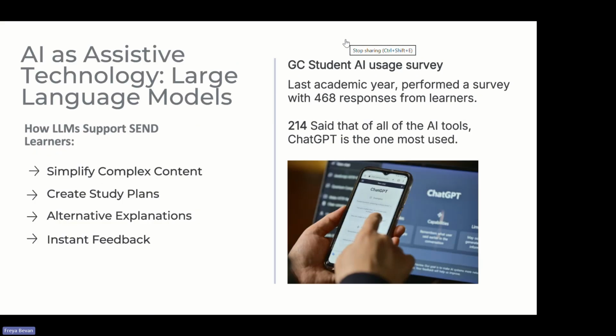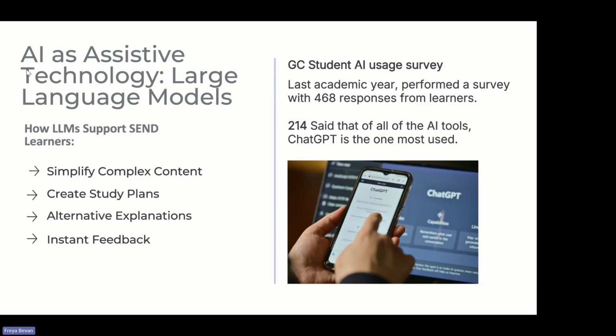So on the opposite side, AI is a form of assistive technology through large language models such as ChatGPT or Copilot. So last year, the team did a GC student AI usage survey, and we had 468 responses from our learners.